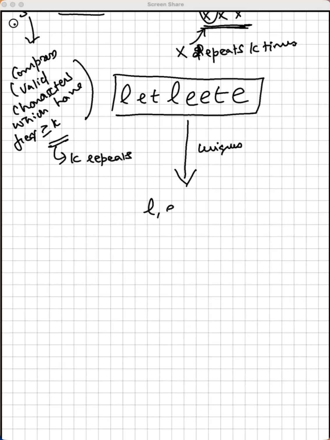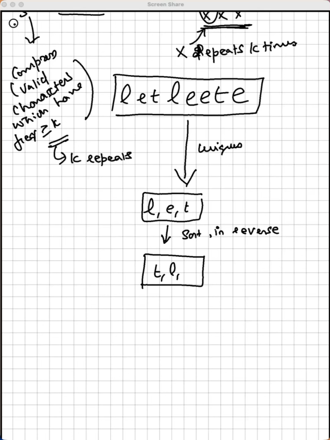So let's say L, E, T, and then sort it in reverse order. So we get T, L, E here.